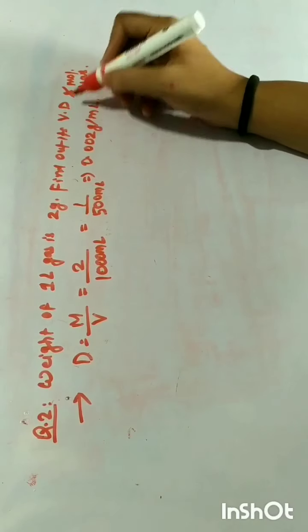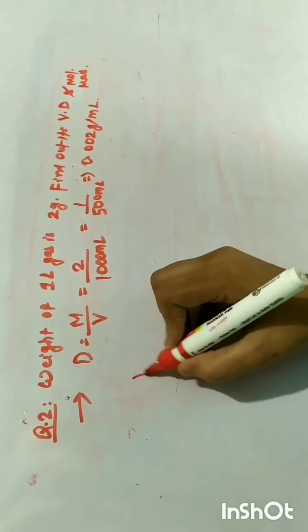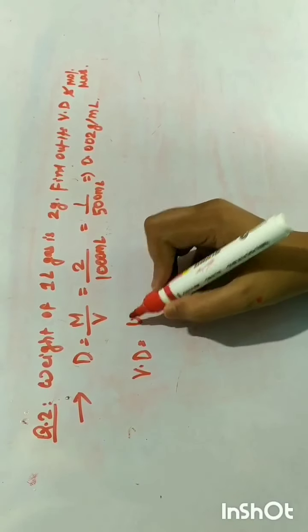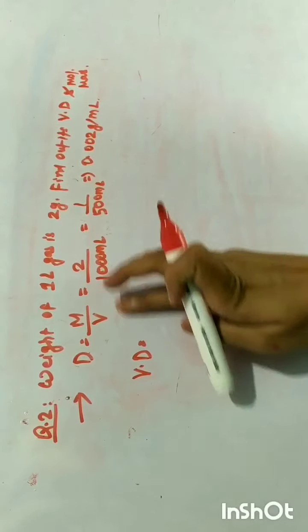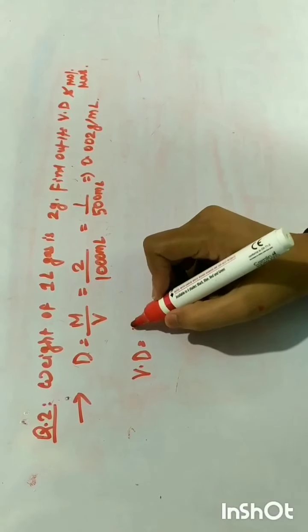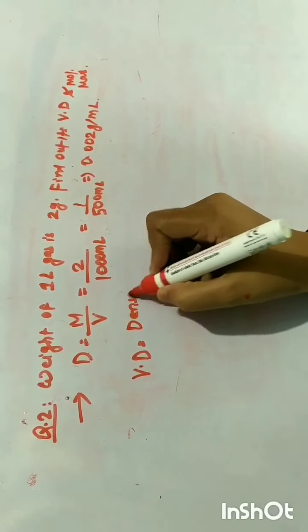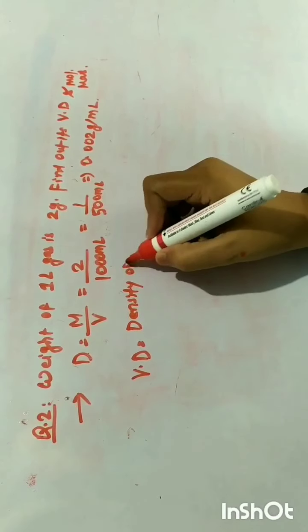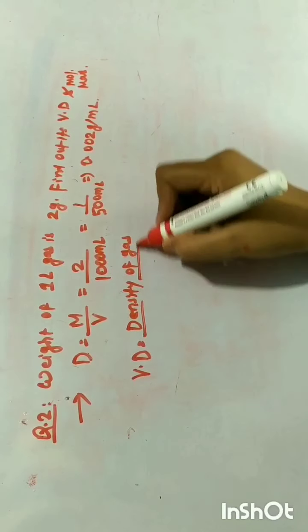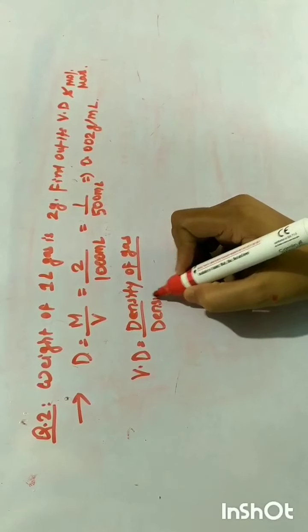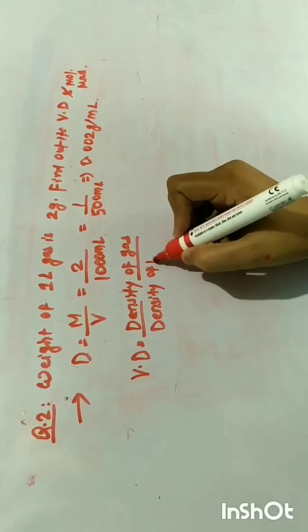Now you have to calculate the vapor density. So vapor density is equal to density of gas by density of hydrogen.